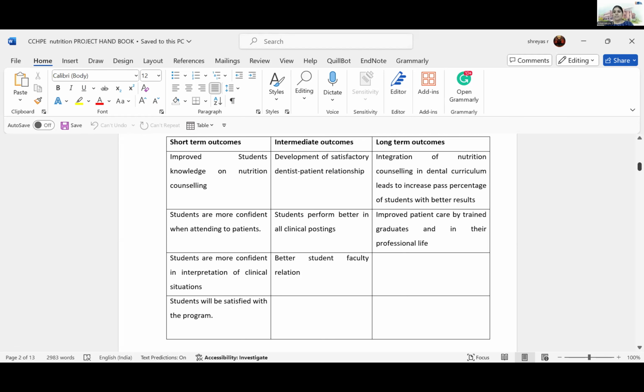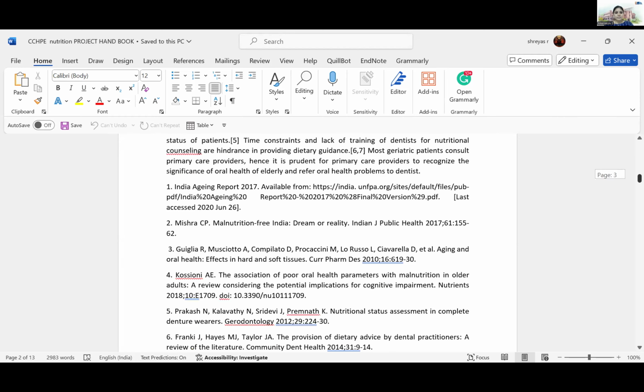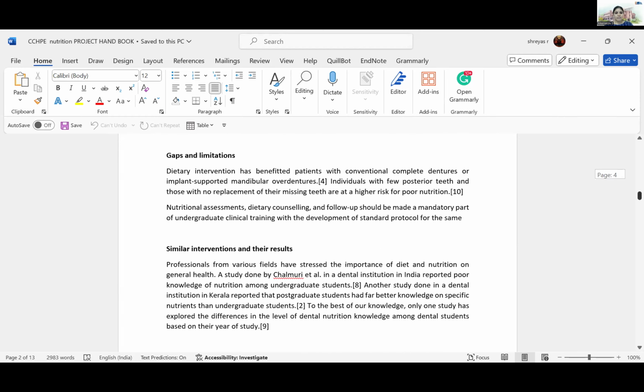On those grounds, I have structured the current project. These are my references, and so far there are no studies where students were assessed on nutritional knowledge after delivering dentures or follow-ups, and hence this study was taken.